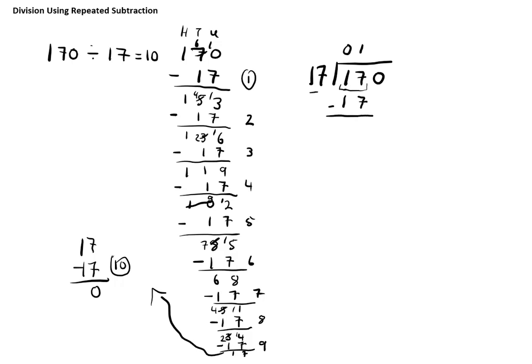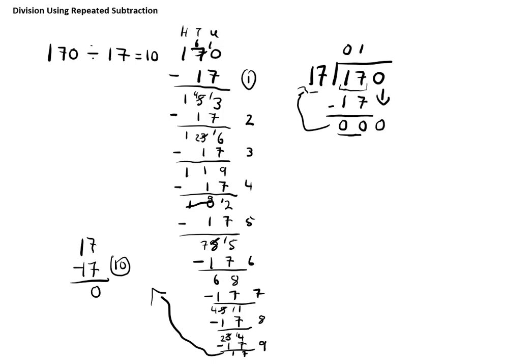Then let's take away, as normal, 7 take away 7 gives us 0. 1 take away 1 gives us 0. Check to see that the number we're left with here is less than our divisor up here. So a 0 less than 17 it is. If that's the case, bring down your next number, which is a 0.